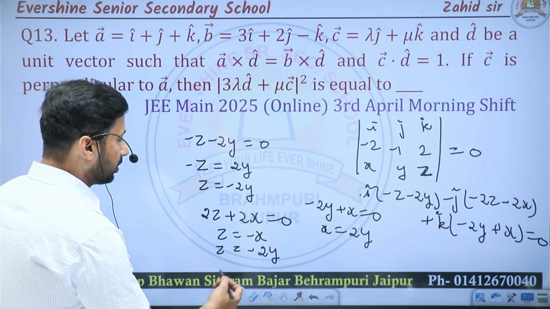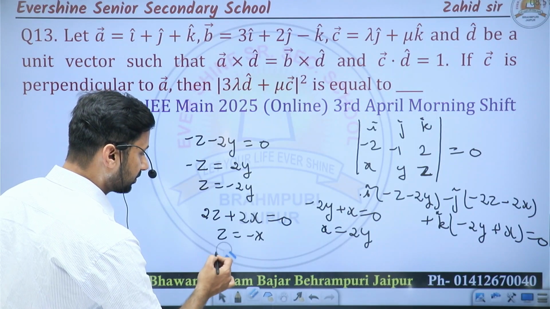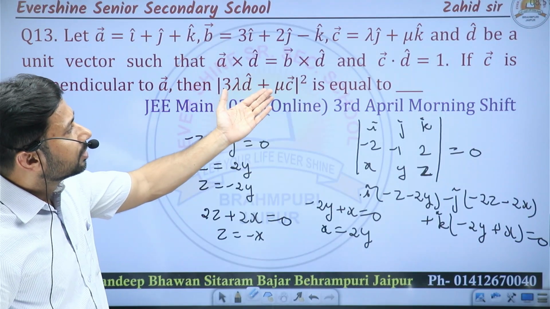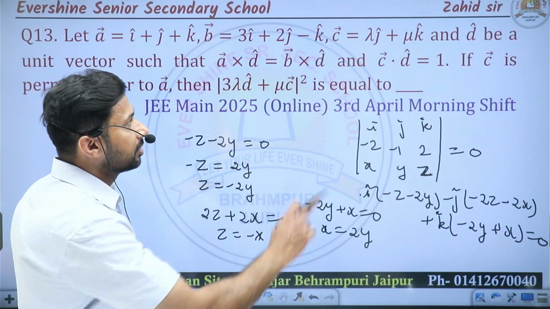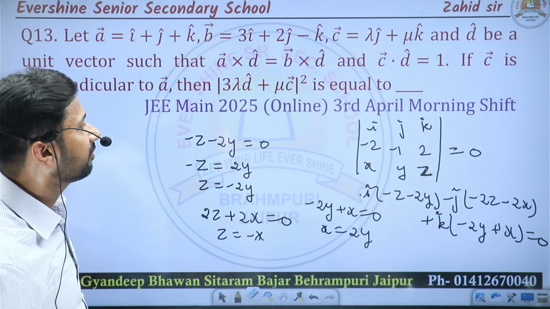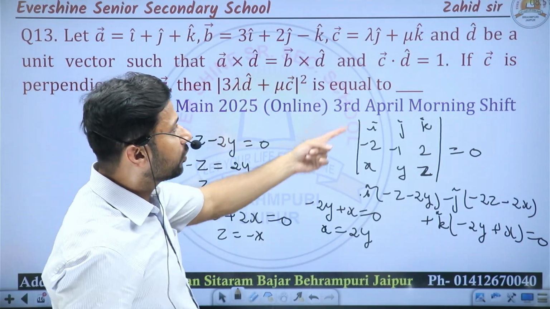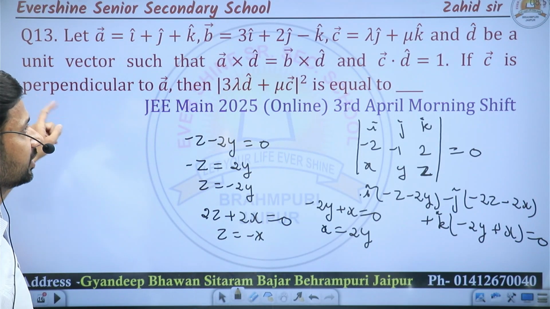Okay. Now as you are given that d is a unit vector, because here cap on it, so I can put them equal to 1. That means the magnitude of d will be equal to 1. D is a unit vector, it is given.